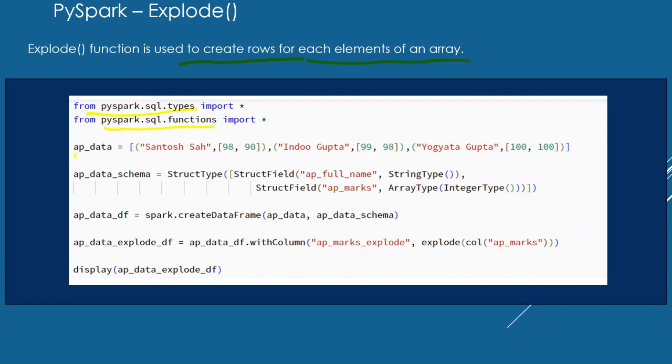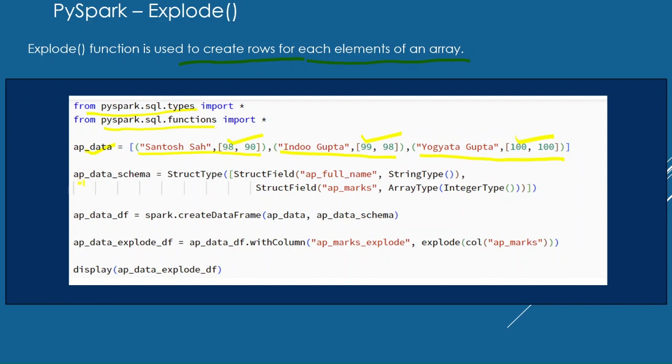Here I am creating a list, and in this list I am putting three objects: one object, this is the second object, and this is the third object. The object which I am putting in this list variable has an array. This one, and this one. This record is of array type.